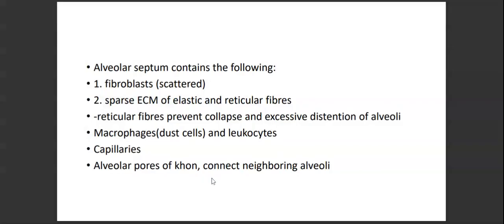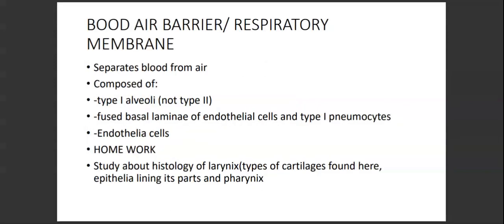If the duct that fills one alveolus with air is blocked, the duct that fills the other alveolus is able to fill the alveolus it is connected to, and once that alveolus is filled, air should be able to move from it to the next alveolus, a neighbor to that alveolus, through these same pores. So air is able to move from one alveolus to another through these alveolar pores of Kohn. That is why they are important.